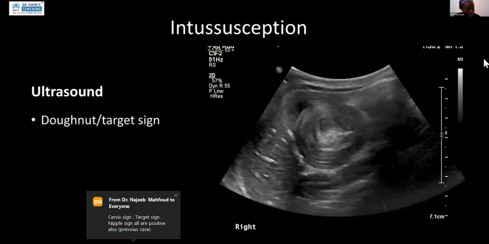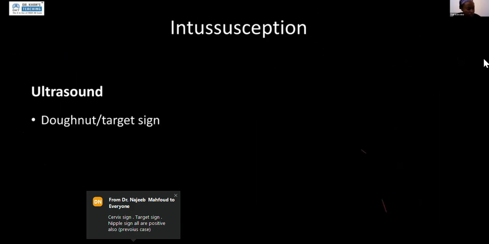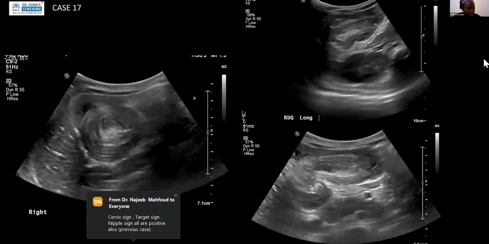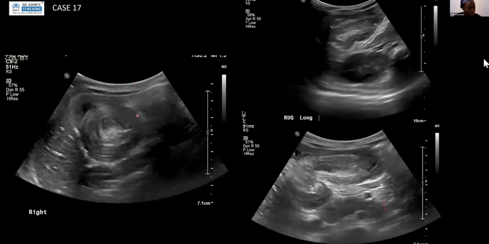Okay, so as candidate 4 correctly spotted, this is an ultrasound with the probe in the right upper quadrant. So this is your liver here, and this is a transverse view. We've got this rounded hypoechoic and then centrally hyperechoic structure, which is in keeping with the target sign that we see in intussusception, which I'll come on to explain.